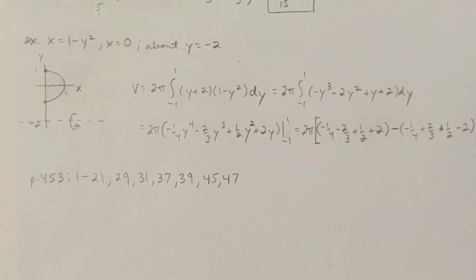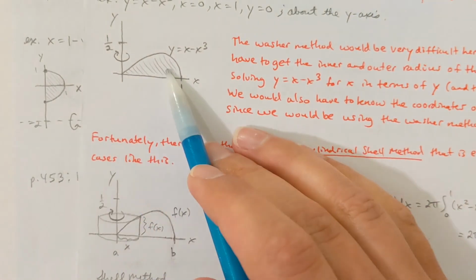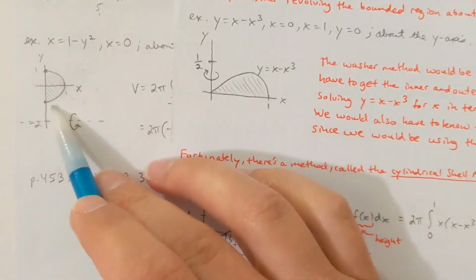Be sure that you know the shell method and also the disk and washer method. As I mentioned before, in some cases you want to consider using the shell method instead of the disk and washer method. The classic example of using the shell method is whenever the right curve and the left curve are the same curve, or the top and the bottom curve are the same curve.